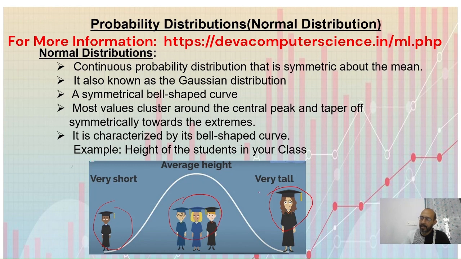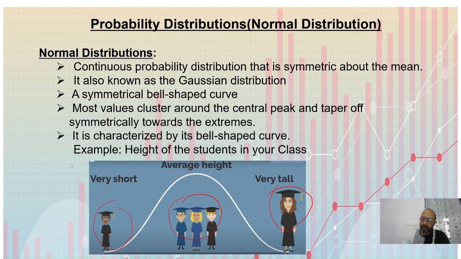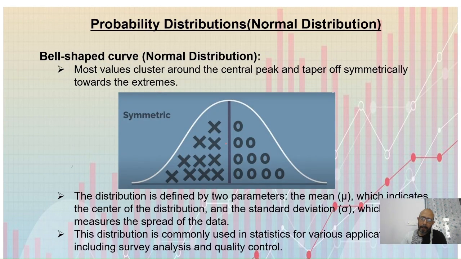These are the extremes of the graph. So you can see this is the bell-shaped curve. Most values cluster around the central peak and taper off symmetrically towards the extremes.